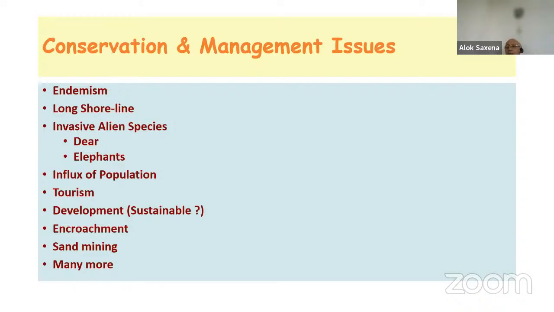And tourism. Because see, once the Jammu and Kashmir problem started, people, particularly government employees, like to come on LTC to the farthest place. People started coming to the Andamans as tourists under LTC.